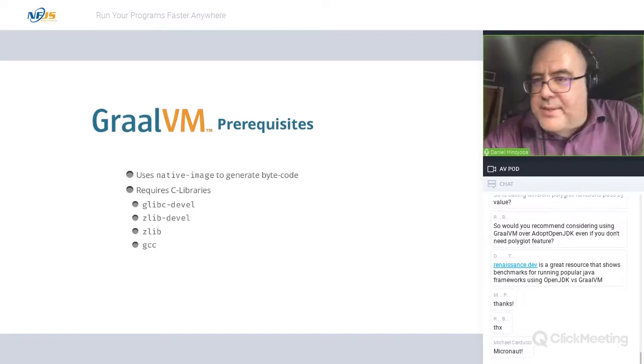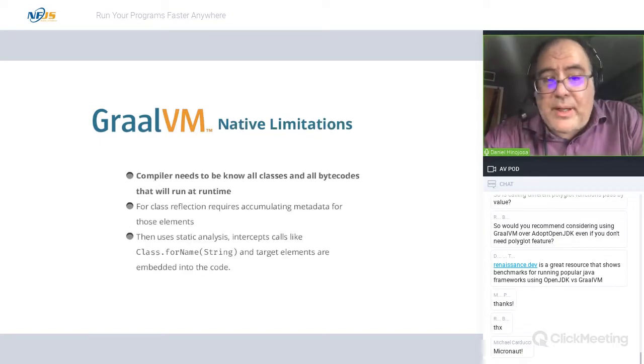A few things you need to load first are glibc, zlib or zlib-devel, and gcc within your Linux and Mac OS. Or if you want to use Cygwin, you can ensure that these libraries are there as well. But once you have this, then you can go full-on native compilation, okay? So here are the limitations.